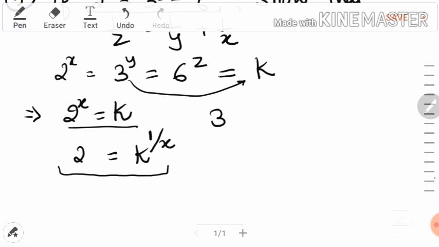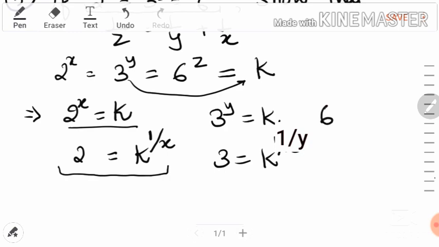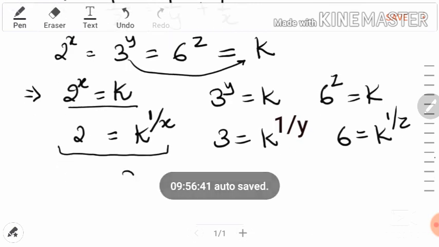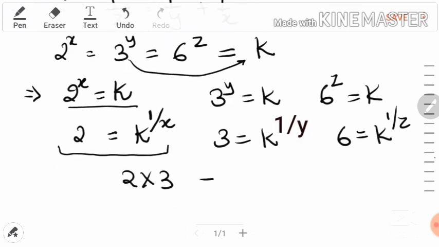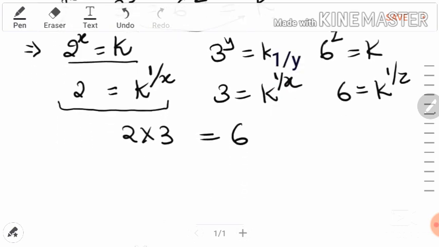Likewise, 3 to the power y is equal to k. So 3 will be equal to k to the power 1 over y. Similarly, 6 to the power z is equal to k. So 6 will be equal to k to the power 1 over z. Now we know that 2 into 3 is equal to 6.